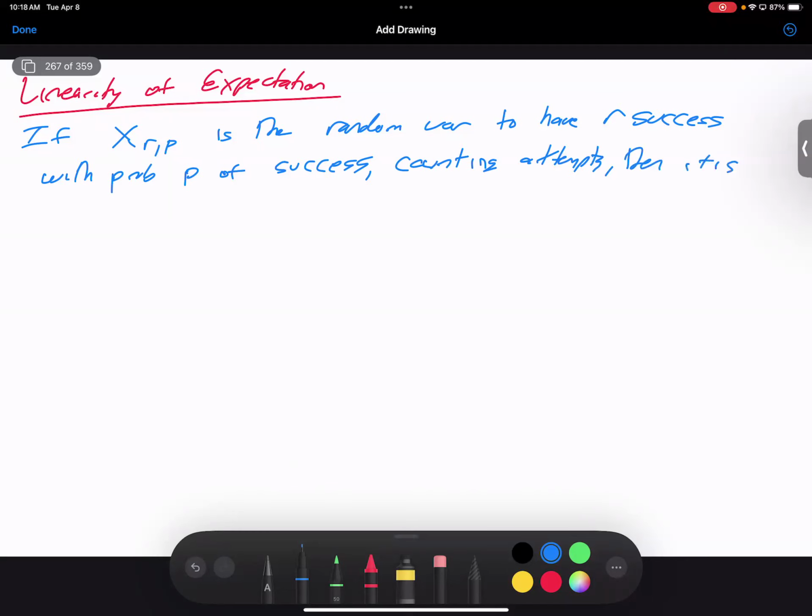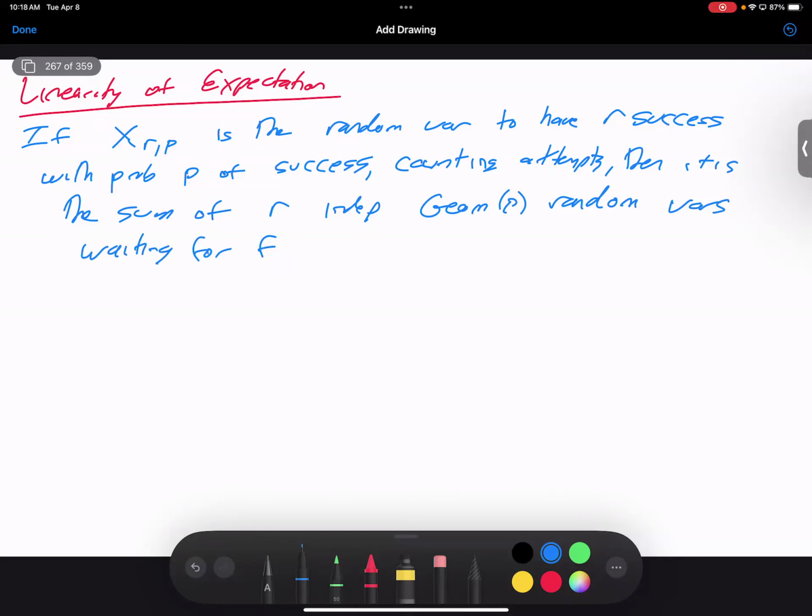Then it is the sum of R independent geometric P random variables waiting for first success.